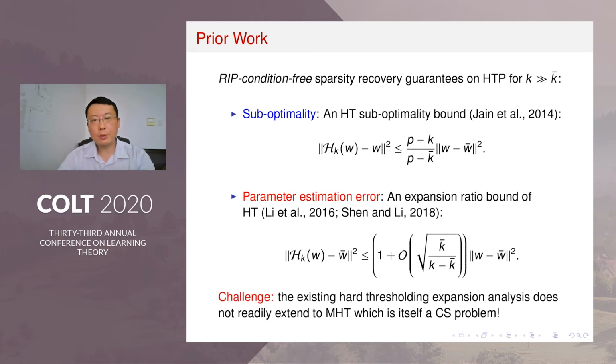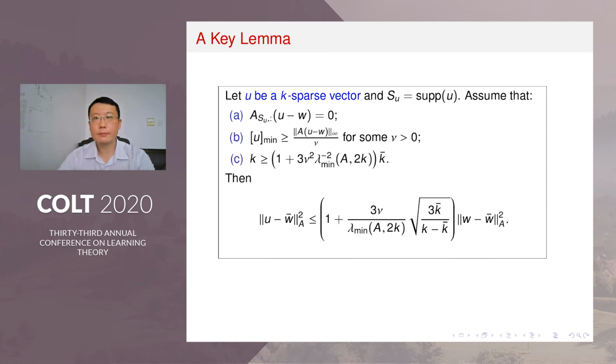Despite the remarkable success, these results are mostly relevant to the objective value suboptimality and parameter estimation accuracy. In contrast, the theoretical understanding of the MHT operator still remains an open issue that we aim to study in this paper. We start by presenting a key lemma that plays a fundamental role in showing the expansion ratio bound of MHT.